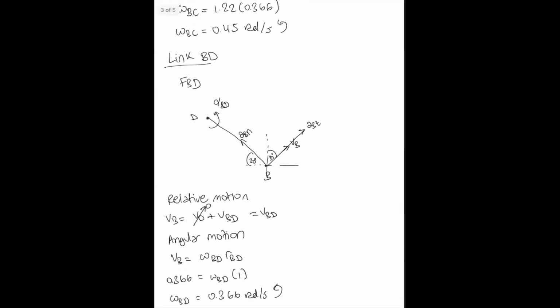Now we're going to split the acceleration into tangential and normal. So here we've got the tangential direction. And as we previously know, the tangential acceleration is equal to the angular acceleration multiplied by the radius of BD, sine 30 in the i direction, because it's at an angle.